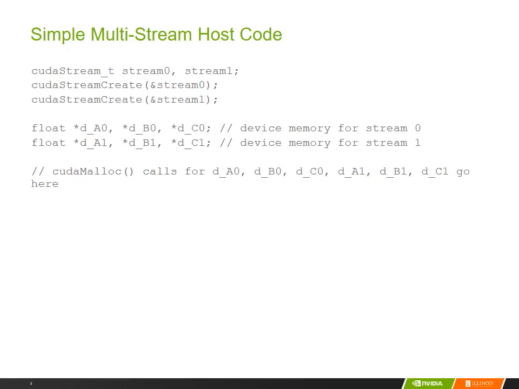Once we declare these variables, we can call cudaStreamCreate with the address or pointer to these variables, so that the cudaStreamCreate function will allocate memory, initialize the data structure, and have these stream handles point to the corresponding data structure for the streams.